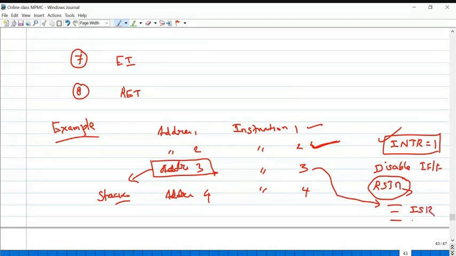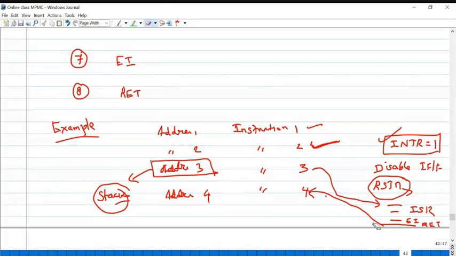At the end of the interrupt service routine, you have to enable all the interrupts again. Then at last, the return instruction will be available. As soon as the microprocessor executes the return instruction, the program flow goes back.